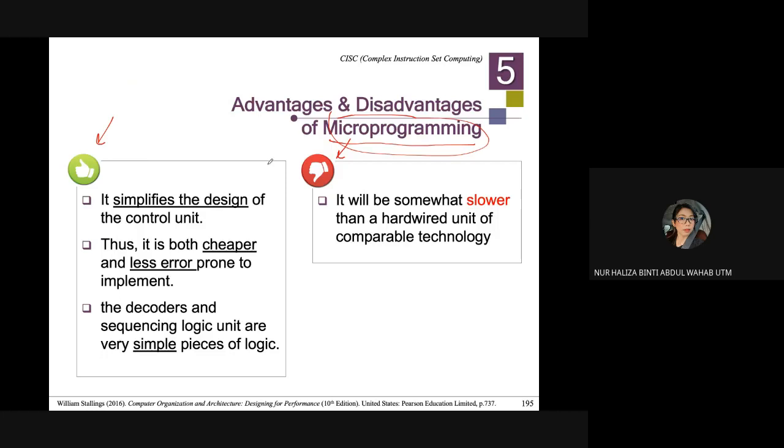In hardware, there are a lot of other disadvantages. So that's why you come out with microprogramming. But still, anything will have pros and cons. That's why you're going to see the advantages and disadvantages.